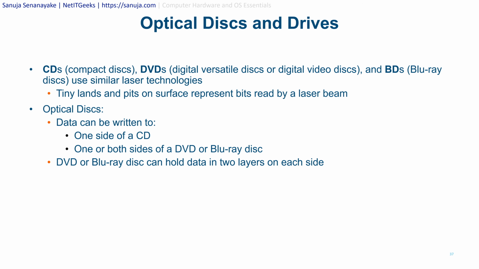Optical discs can be used to write data. One side of the CD can be written to, and one or both sides of the DVD or Blu-ray disc can be used to write data. A DVD or Blu-ray disc can hold data in 2 layers on each side, as opposed to a CD. So that's a slight difference between those two.